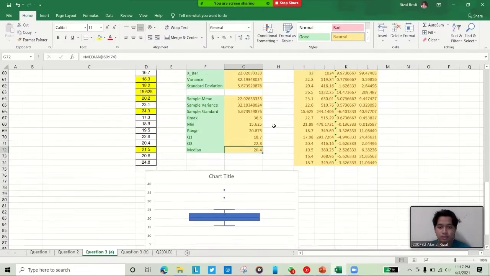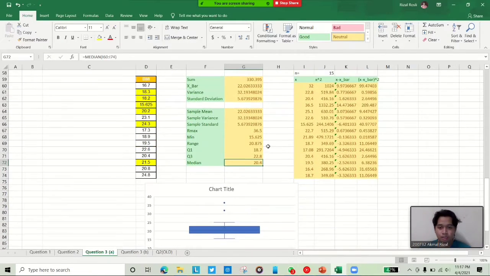As we can see, the graph here is actually accurate with what we have got here: sample mean, median, quartile 1, quartile 3, max, and minimum are actually the same. And these are the outliers too.